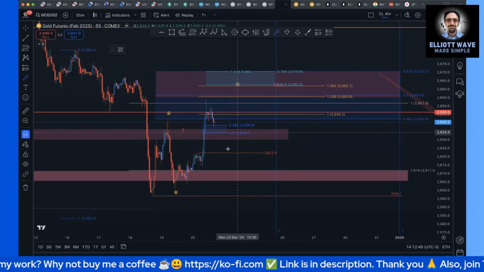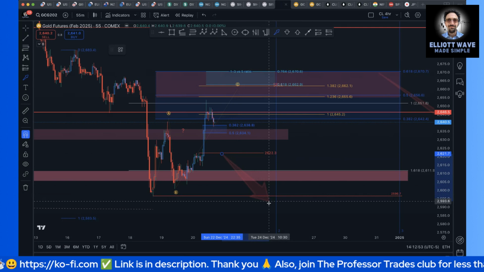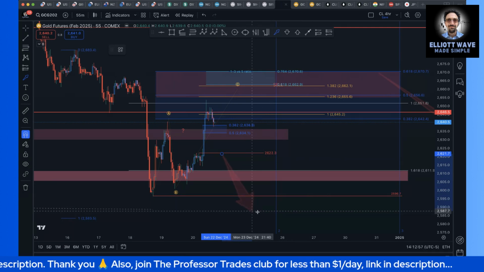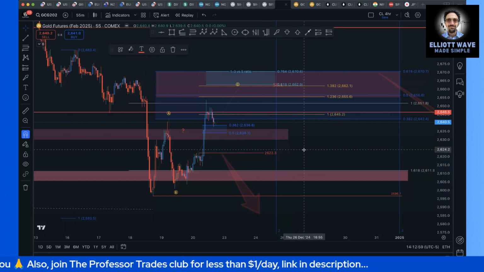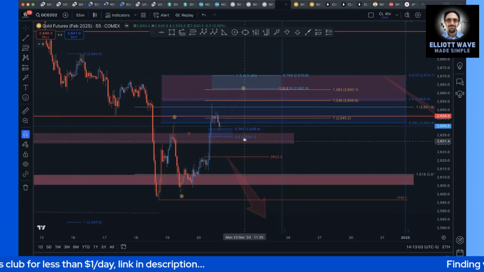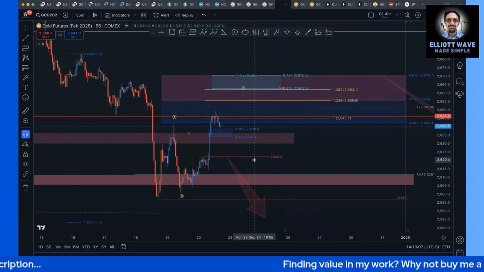Okay, this is a warning. If price gets below 26.2230, it's a warning. And then the next level to break is this level down here. Okay. So yeah, I like this. I'm going to leave it at that.